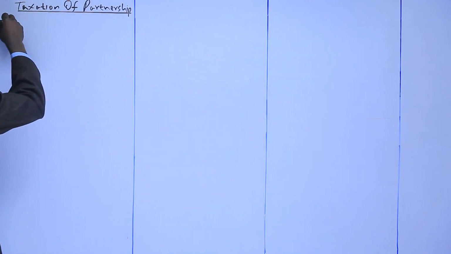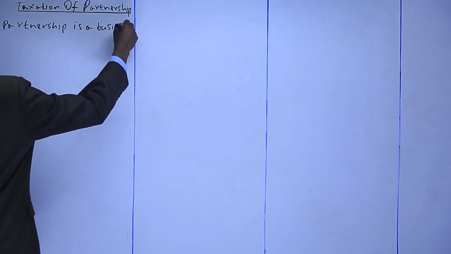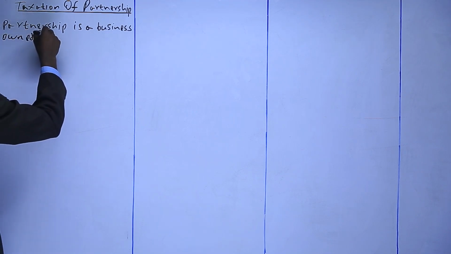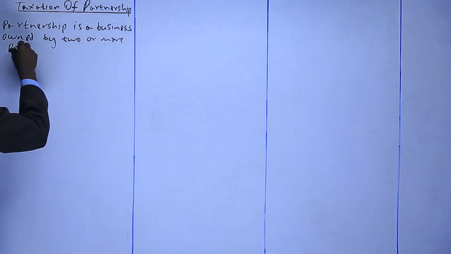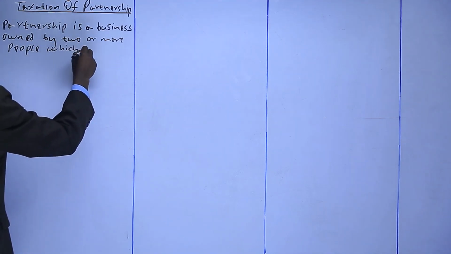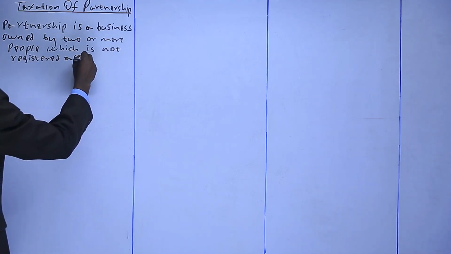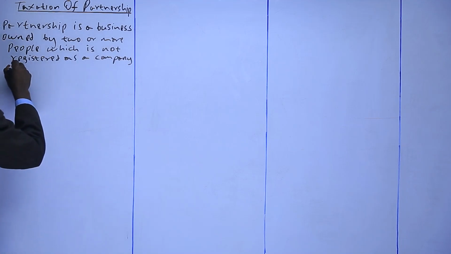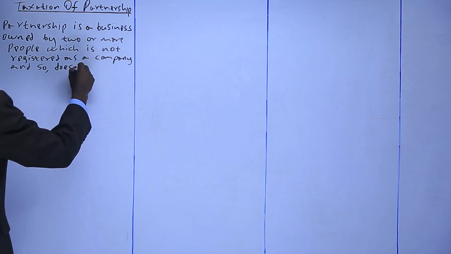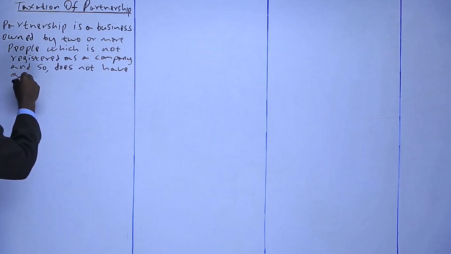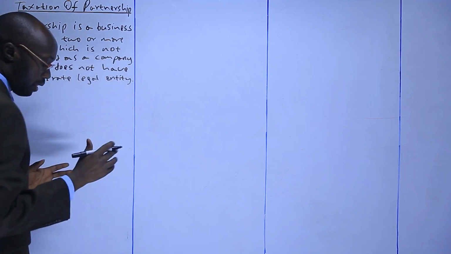So we have: partnership is a business owned by two or more people which is not registered as a company, and so does not have a separate legal entity.